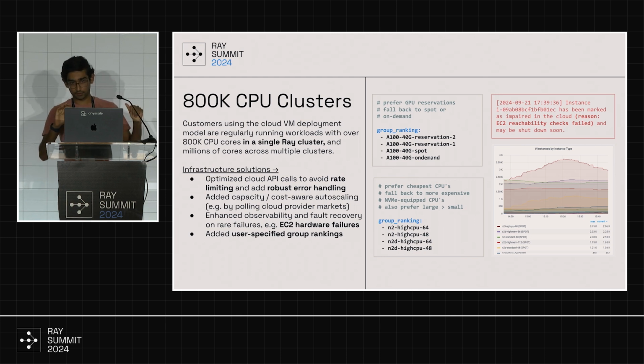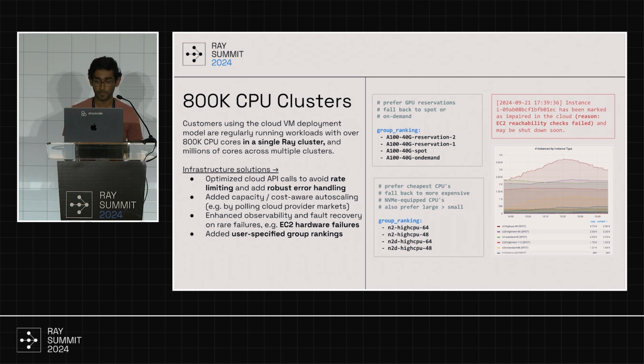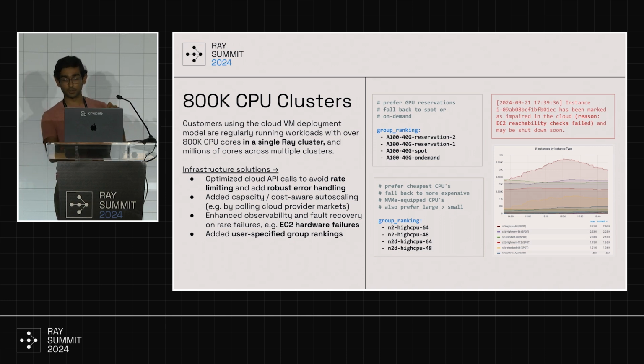When you start hitting this kind of scale, 10,000 nodes in a single cluster, you run into different problems as well. One of these is that you have to go across multiple node types, multiple zones potentially, and market types. Some of our customers are opinionated about the shapes of instances that work better in these workloads, but they do need to try many different types of instances. So we built out a group ranking feature where the autoscaler is able to take into account user preferences when autoscaling.